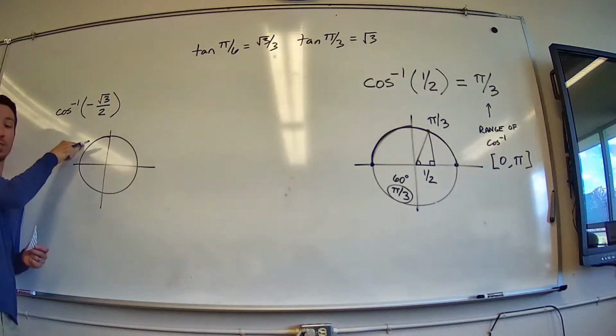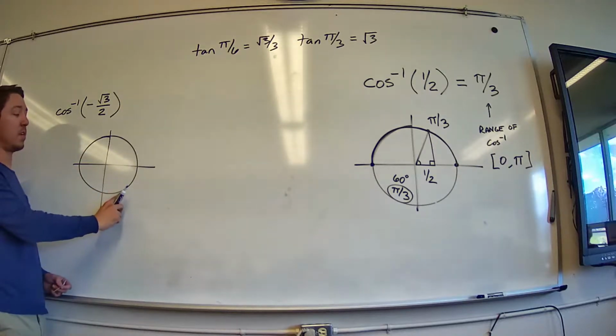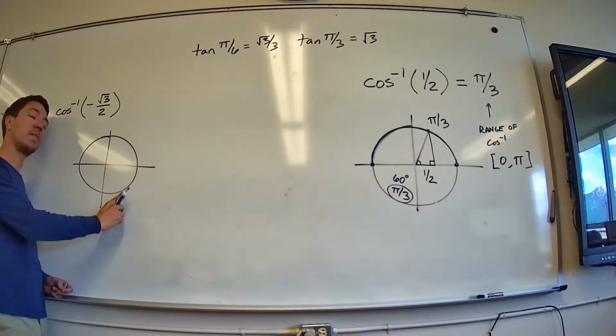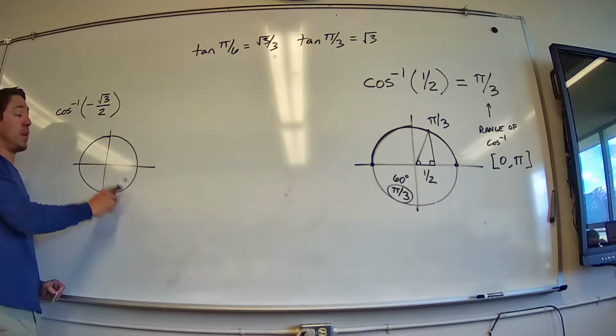He lives over here in the second quadrant. Does that make sense? No? Okay, he can't live here. Why? Because if you live here, what kind of x value do you have? Positive. If you have a positive x value, you have a positive cosine. So he has to live over here.